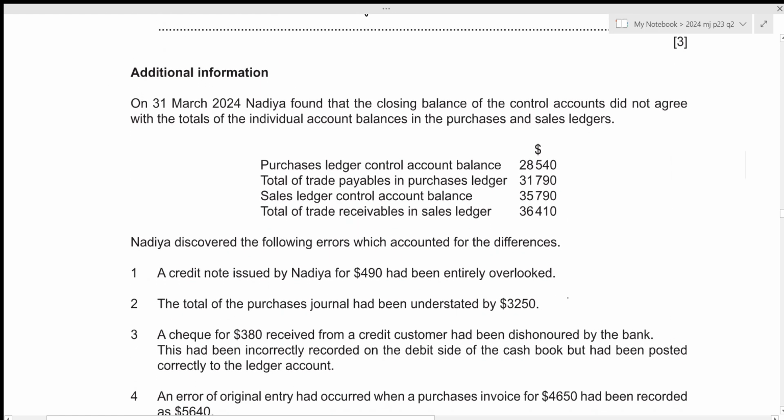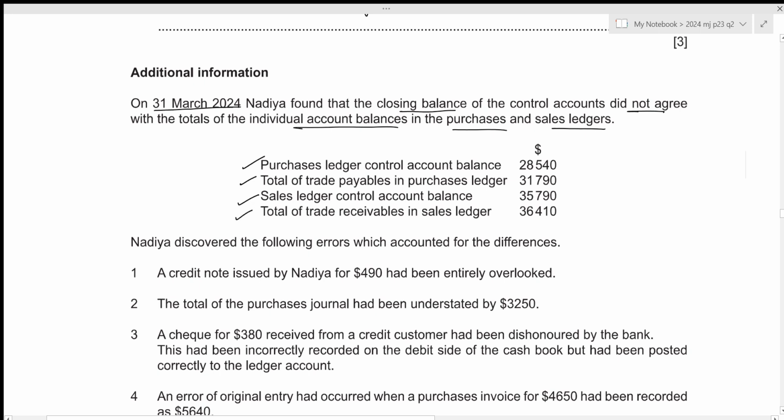We now have additional information. On 31st March 2024, Nadia found that the closing balance of the control accounts did not agree with the totals of the individual account balances in the purchases and sales ledgers. So we have been given the purchases ledger control account balance, total of trade payables in purchases ledger, sales ledger control account balance, and total of trade receivables in sales ledger.